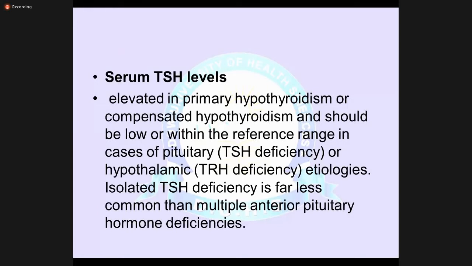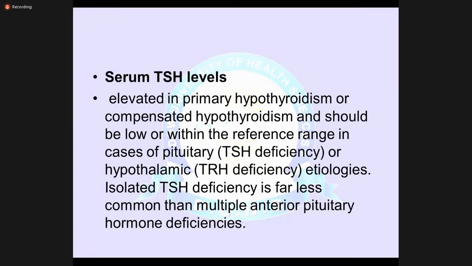So you should be clear that if the TSH level is elevated, the cause is primary hypothyroidism. Supposing the patient's thyroxine hormone level is low and TSH is also low, you will be surprised. I was expecting the TSH should be raised. Why is the TSH not elevated?